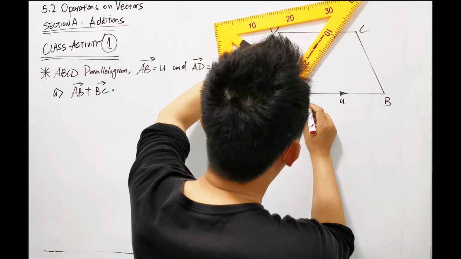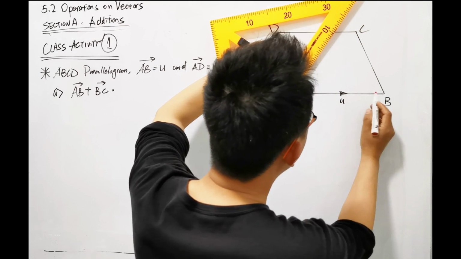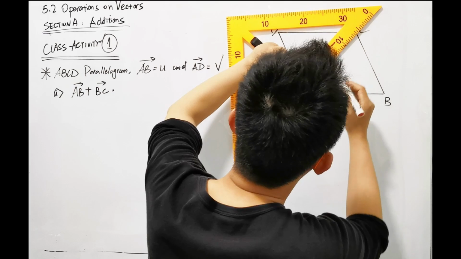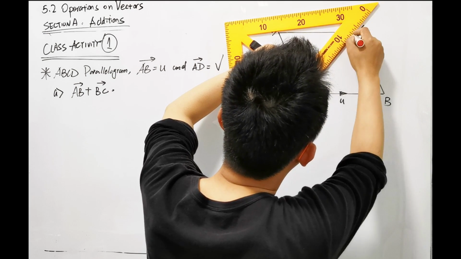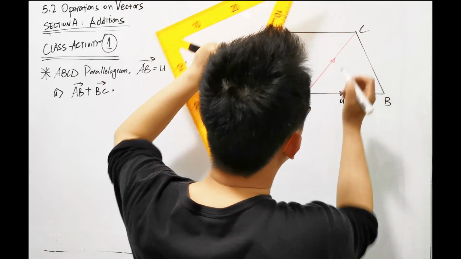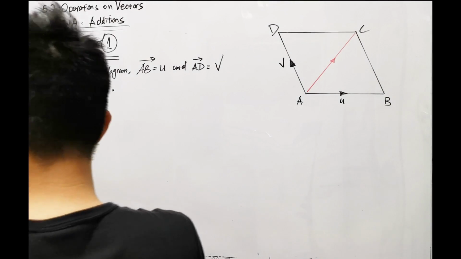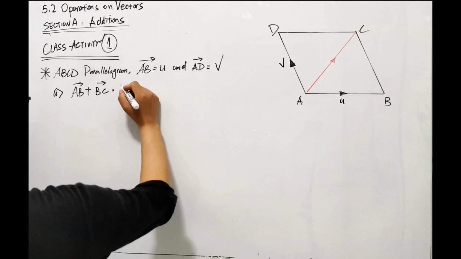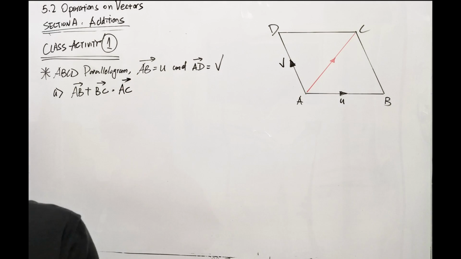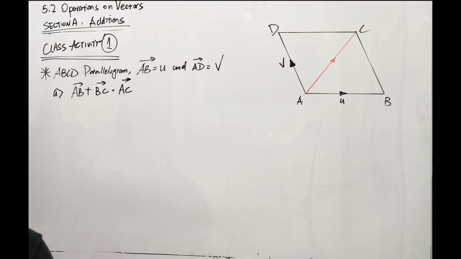Because the point moves from A to B and then B moves up, we can simply draw a vector line here, and this is represented by AC. The answer is AC.